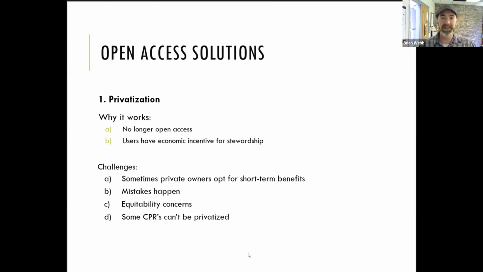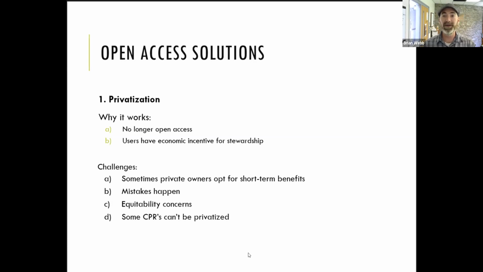Sometimes landowners, even if it's something that's privately held, will still continue to make some mistakes in the way that it is managed, or there are equitability concerns with how to allocate resources. That's certainly a challenge, and we'll look at some examples of that as well. And really the biggest problem is that most significant common pool resources or open access resources simply can't be privatized. You can't privatize the oceans or the atmosphere or a river system.